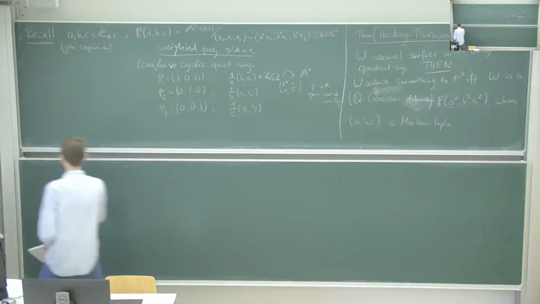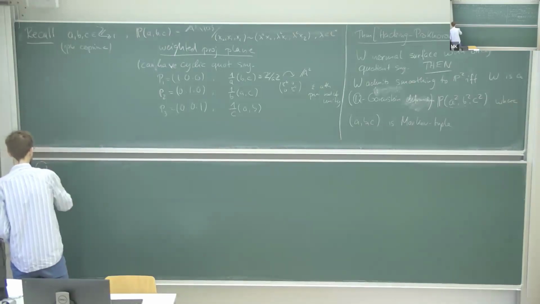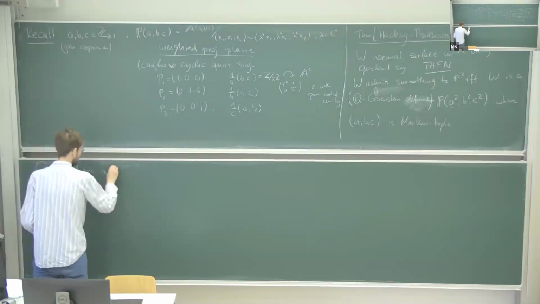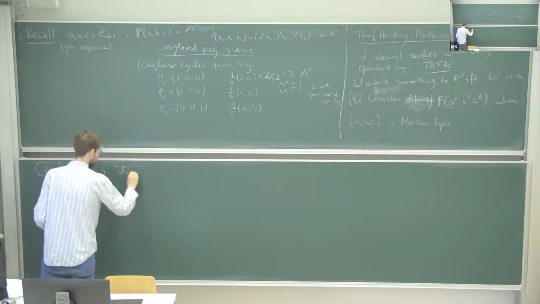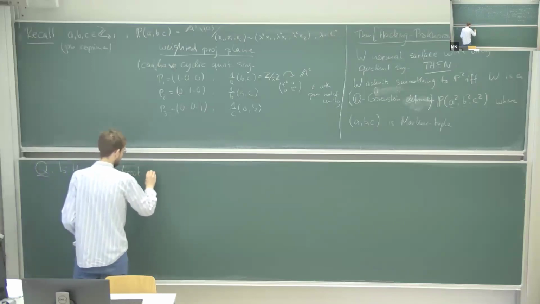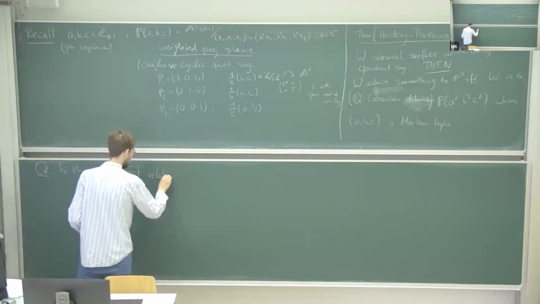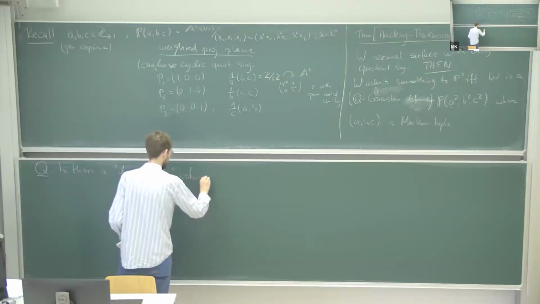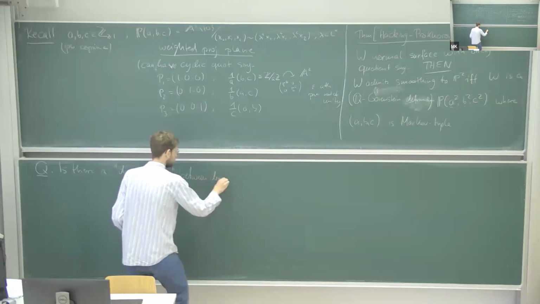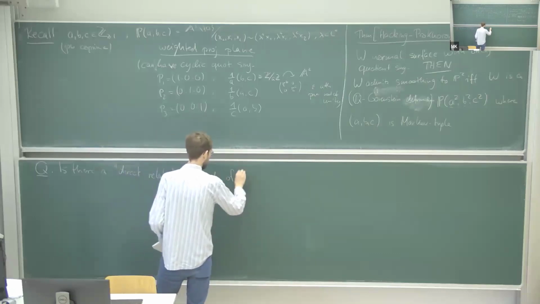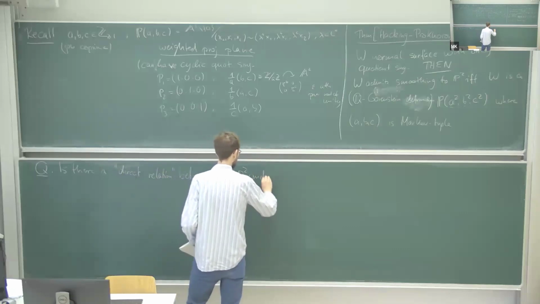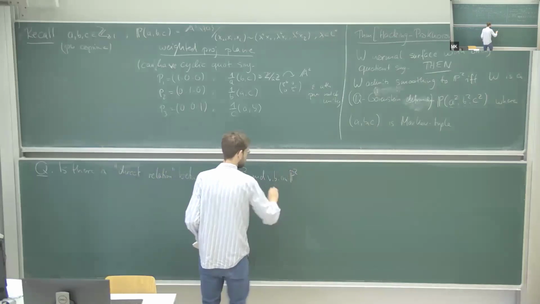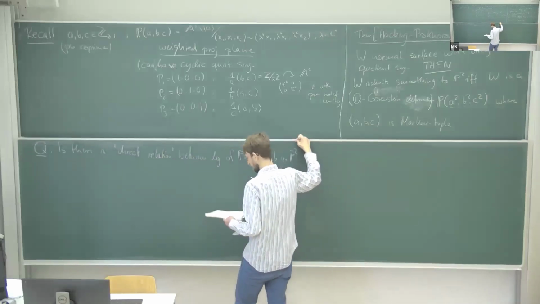So the question that one can ask is: is there a direct relation, whatever that should mean, between degenerations of P2 and vector bundles on P2?